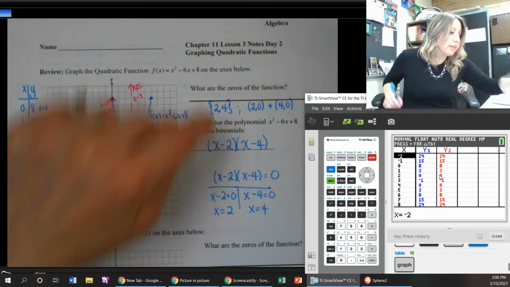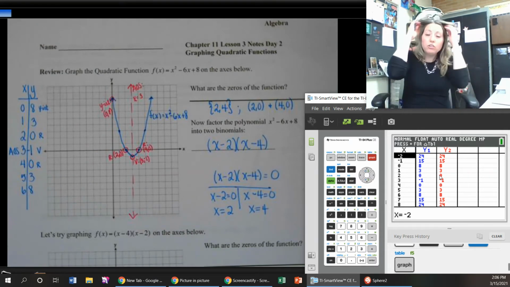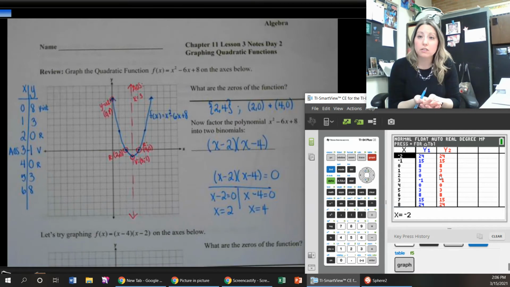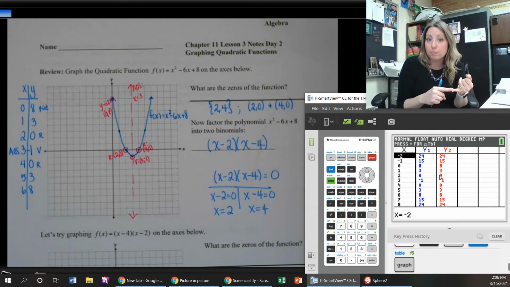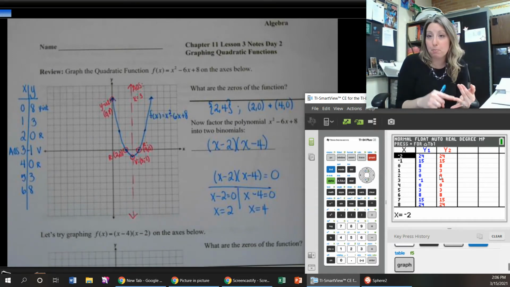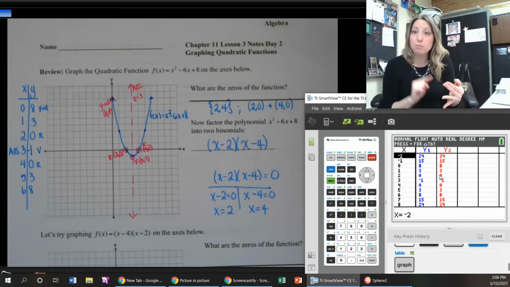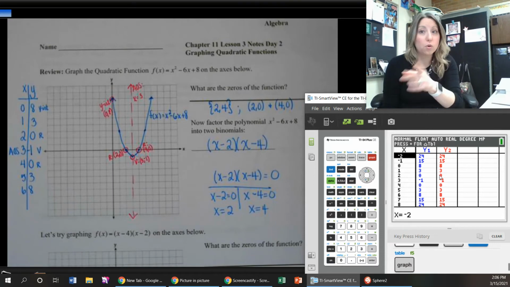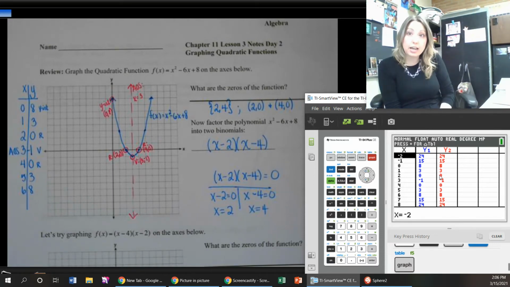So I got my zeros from that solving. Essentially, what we're saying is, A, we can represent our function equations in a different form, and B, we can use the factorability of a function equation to determine the roots. Or if we know the roots, we can go backwards and create the function equation.